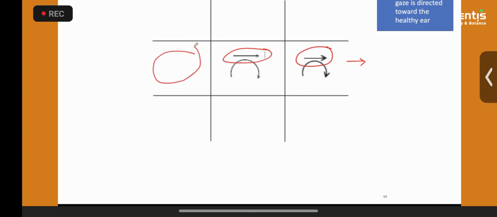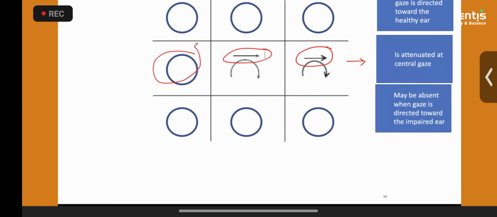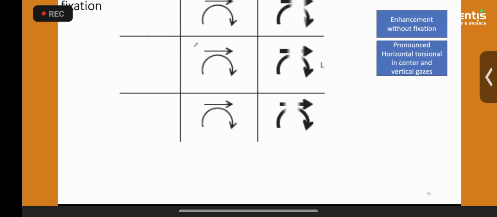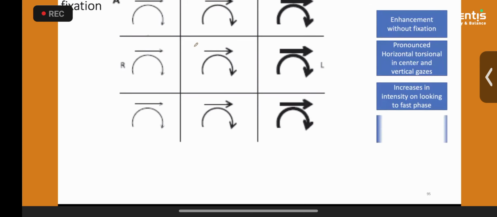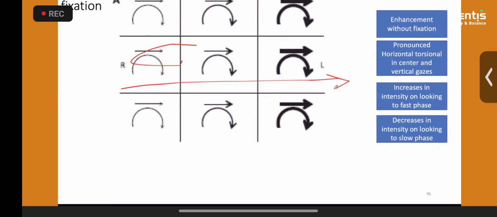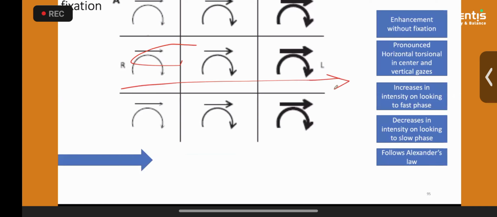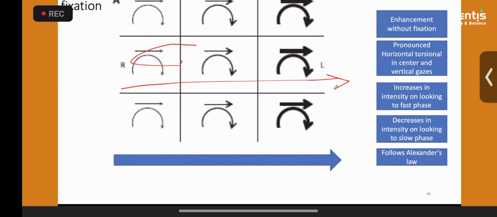Suppose this is with fixation, and without fixation, in the same patient, you find enhancement, which is increasing on the left gaze, and it is still left beating on the right gaze. So it is a unidirectional variety of nystagmus. It is following Alexander's law.